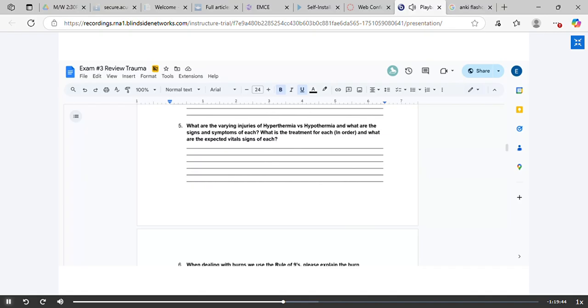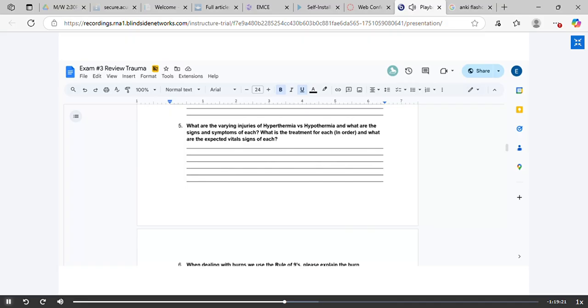We're going to add heat packs to their axilla and their groin, turn up the heater in the back of the patient compartment. Right. And if you're able to get ALS on your scene, maybe they can introduce warm IV fluids. The point at that point is to get heat to the patient's core, right? Because their core temp is so low.